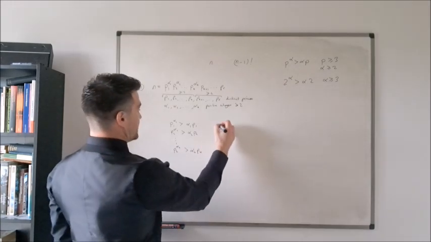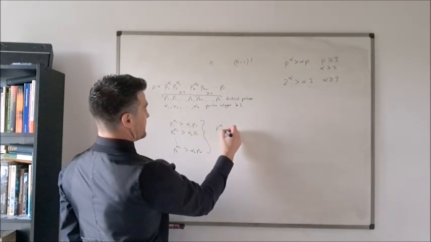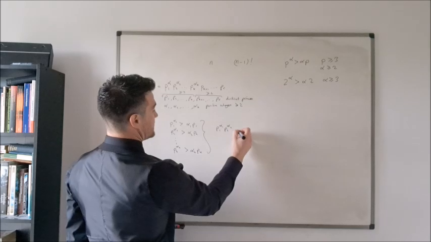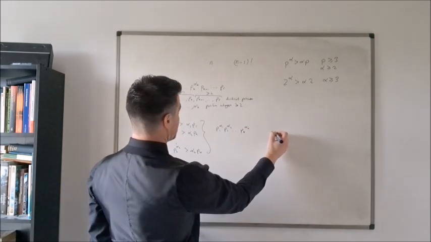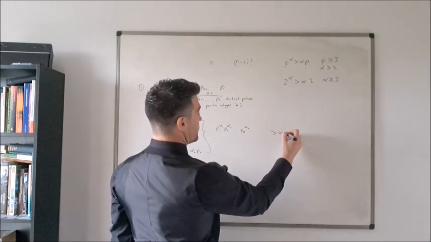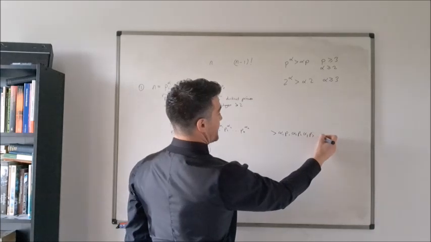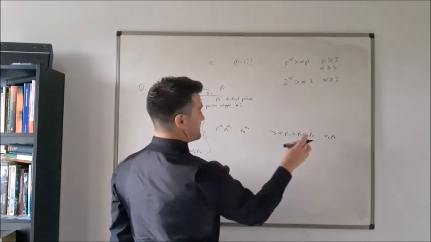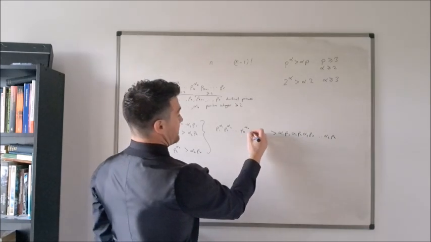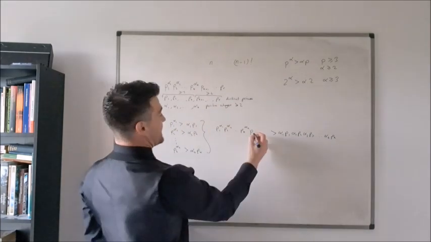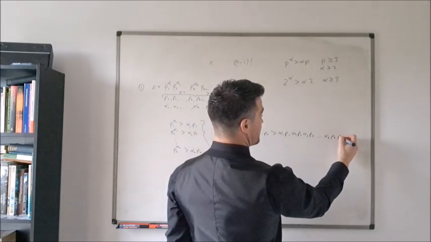What that means is that all of this together, P1 alpha 1, P2 alpha 2 to Pk alpha k, is going to be greater than alpha 1 P1, alpha 2 P2, alpha 3 P3, up to alpha k Pk. Okay, so that means that multiplying each side of this by Pk plus 1 up to Pr, we still preserve the inequality.